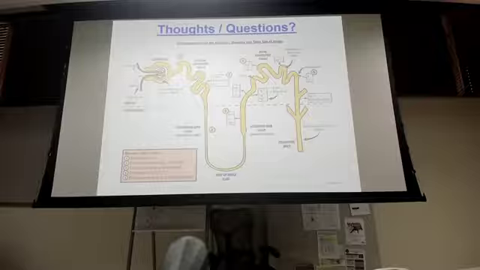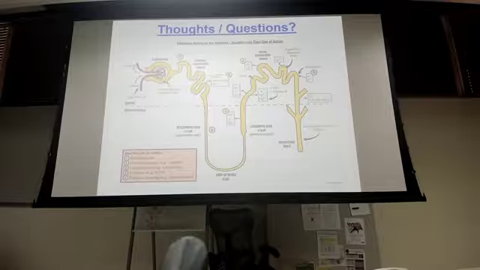So the diuretics work by inhibiting sodium reabsorption at specific nephron locations, and the key to the whole lecture: water follows sodium. So if you follow the sodium, you know what's happening, because the water's coming with it. The location is going to determine how strong. Closer to the glomerulus, weaker or stronger?